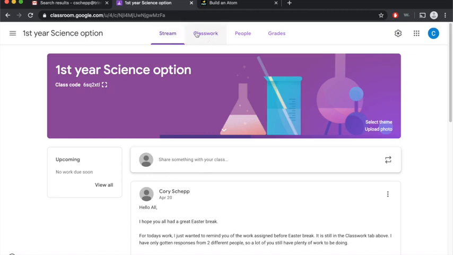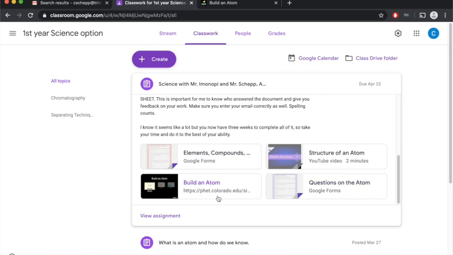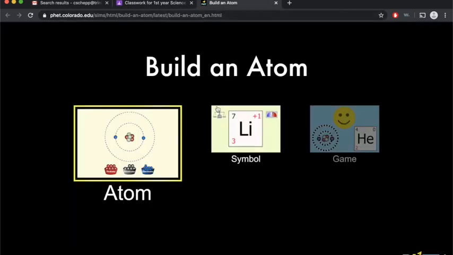But for today's work, there's a few things I wanted to show you. The first one, what I wanted to do is talk about this assignment I assigned before Easter break. One of the things I asked you guys to do was to build an atom using this PhET simulator. I've only gotten a few responses, so I figured I'd show you guys what I was looking for.